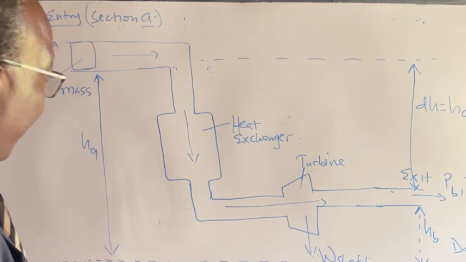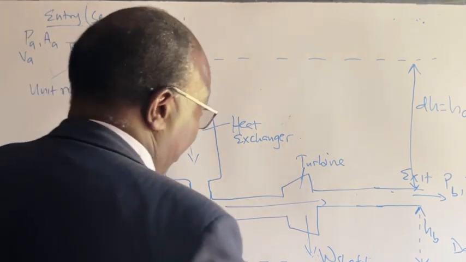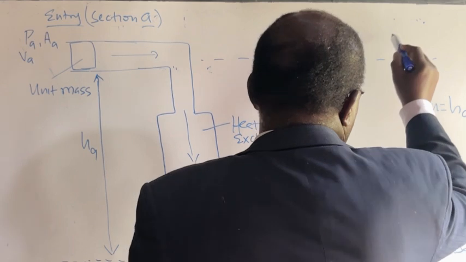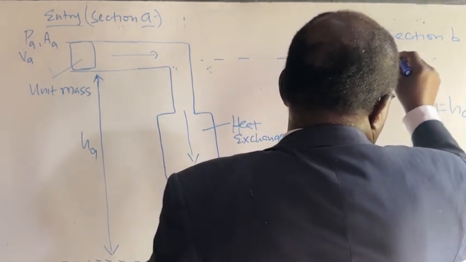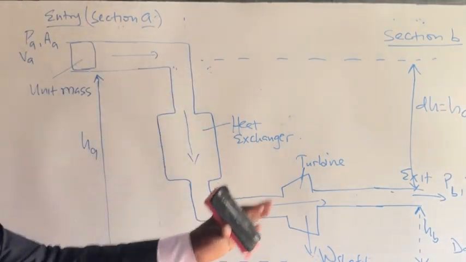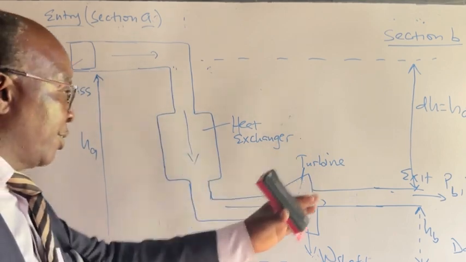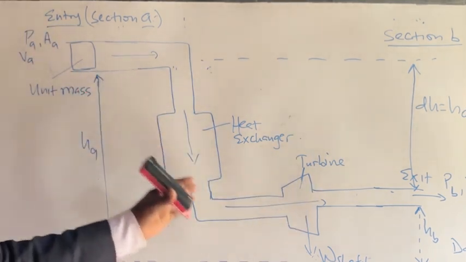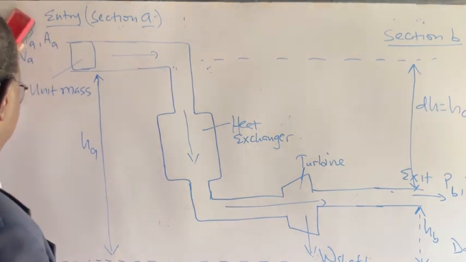Now, the other thing which we need to now work on, let's call this portion section B. I repeat, in a steady state flow process things are relatively constant, the rates are constant, the mass flow rate is constant, there's no accumulation of material, and there's no accumulation of energy in the system.